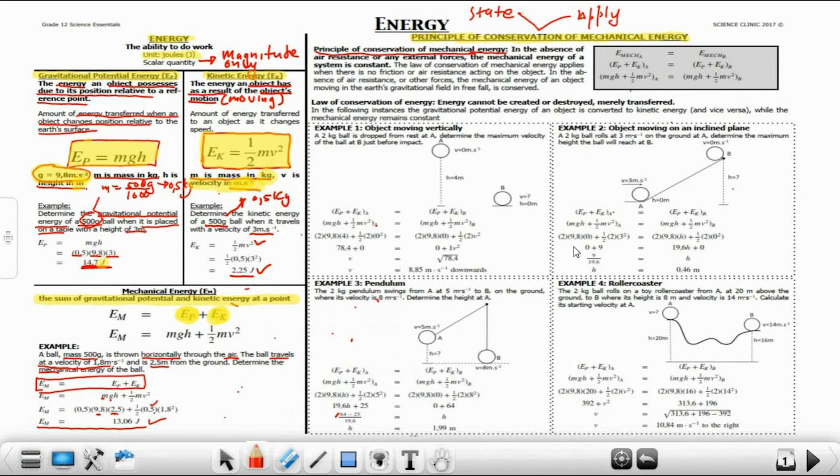In this slide, they say, in the absence of air resistance or external forces, the mechanical energy of the system remains constant. I'm going to write it this way because that is how we want it in an exam. In an exam, this is what you say: the total mechanical energy in an isolated system is conserved.